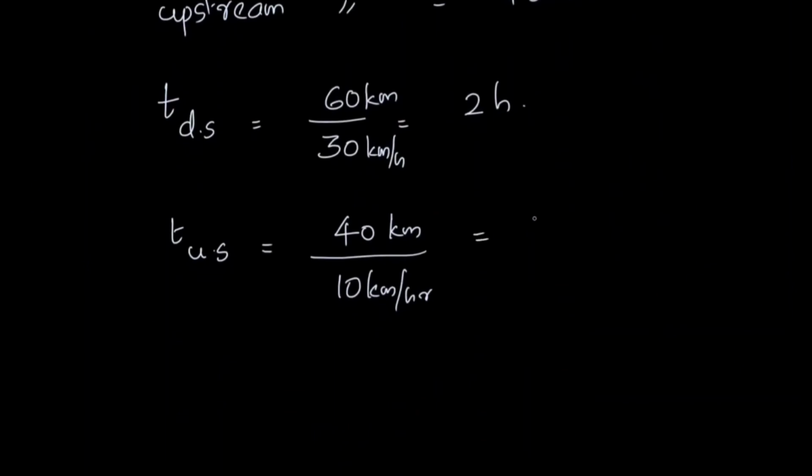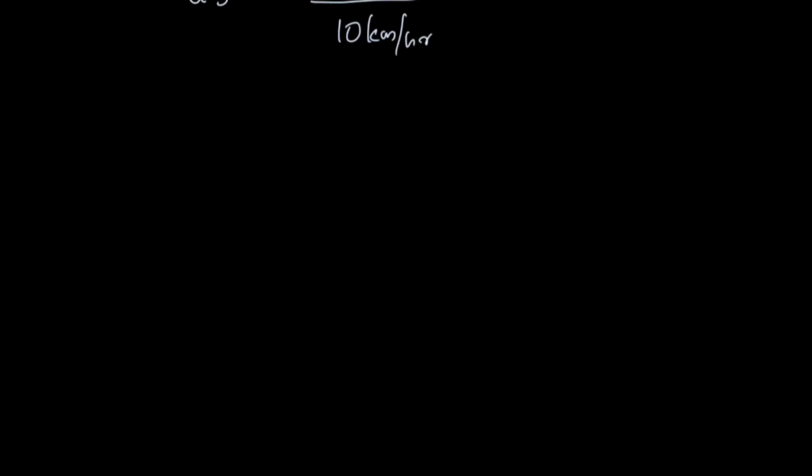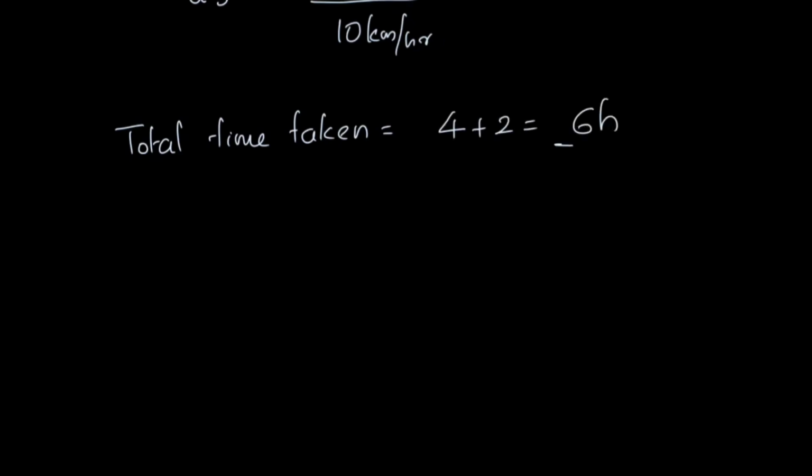So it is equal to 4 hours. So the total time taken is upstream motion plus downstream motion, that is 4 plus 2 equal to 6 hours. That is the answer.